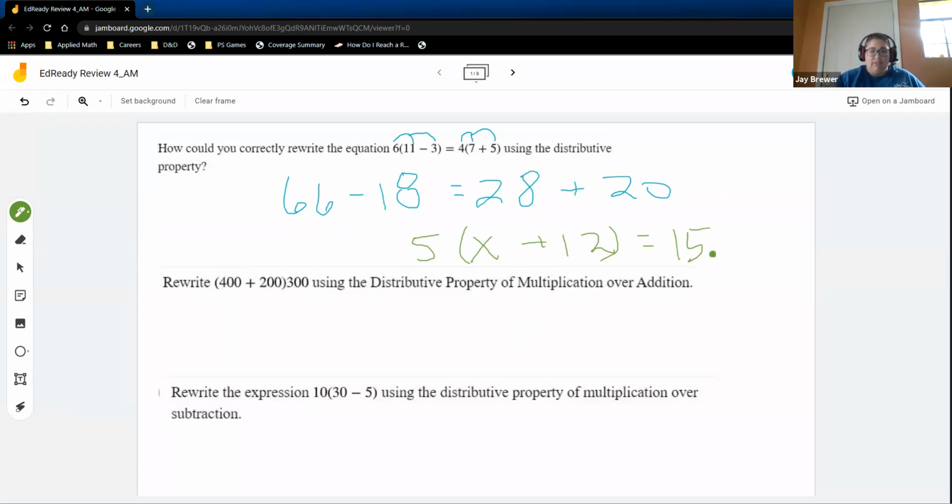But I always tell students too that math is a little bit fun because you can do things a little bit differently. Instead of just distributing, which you could in this case, 5 times x will give you 5x, and then 5 times the 12 and so on. But the other cool thing is notice how our 5 also goes into 15. You could choose to do 5, divide by 5 on both sides, and work your way that way.